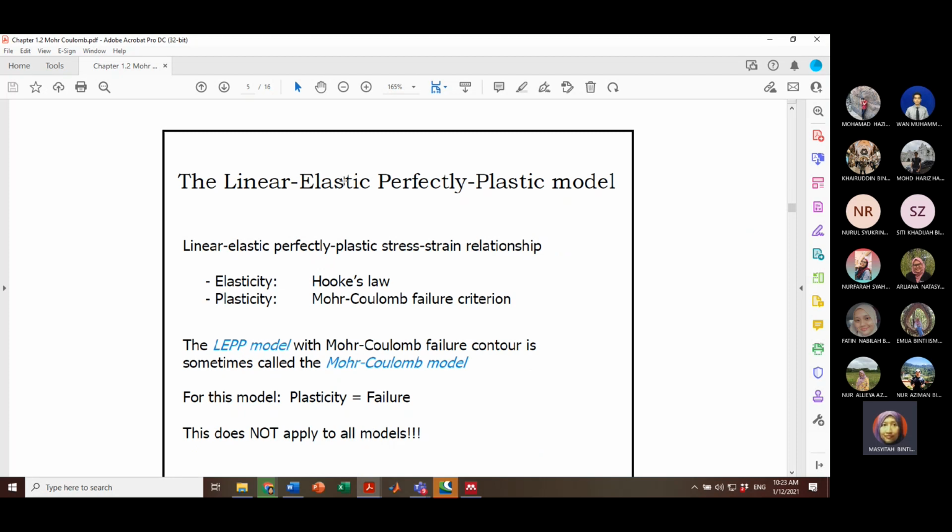What is the MC? MC is also known as the linear elastic perfectly plastic model. Why do we call it a linear elastic perfectly plastic model? Of course, it consists of two zones, which are the elastic zone and also the plastic zone. What is perfectly plastic? Perfectly plastic means that after it reaches the maximum shear stress, the stresses remain constant until it fails.